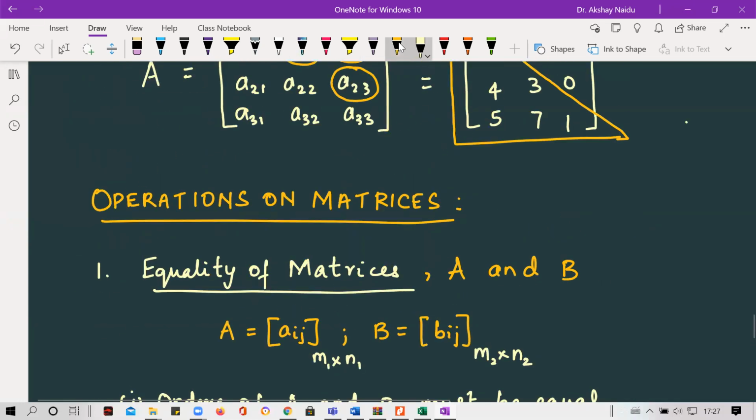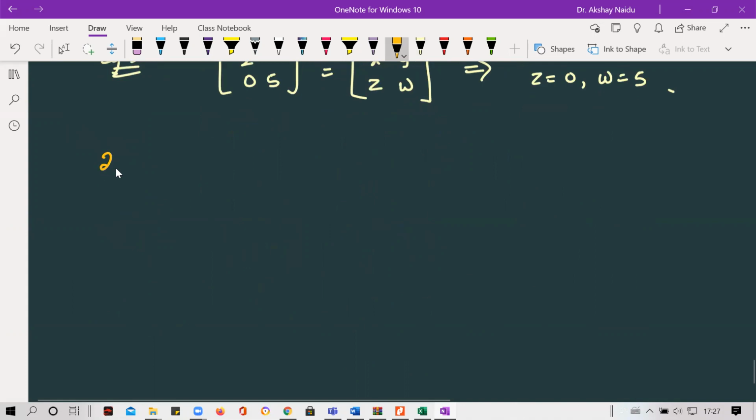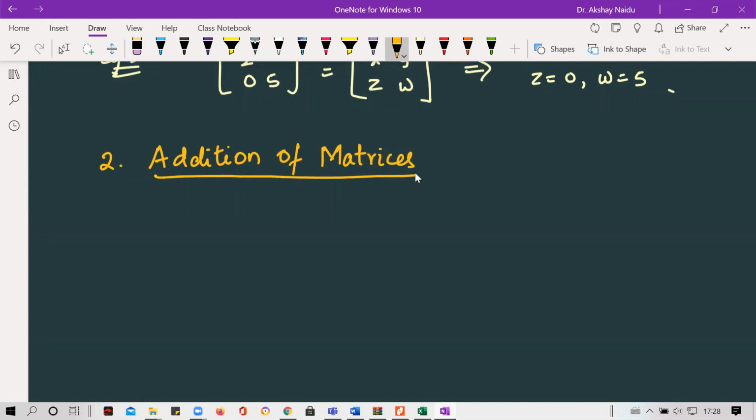Next is the operation of addition of matrices, or the matrix addition. When can two matrices be added? Same order. Yes, very, very good.